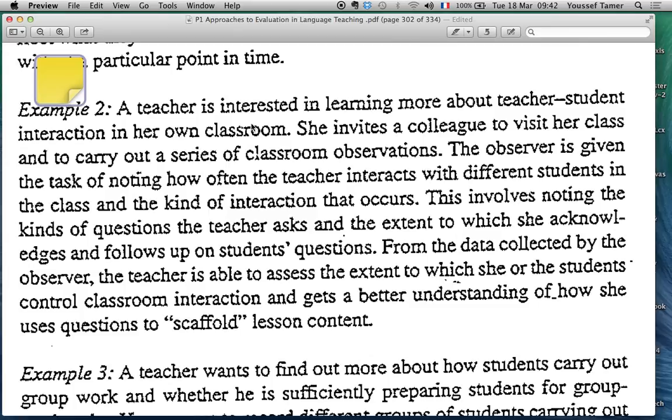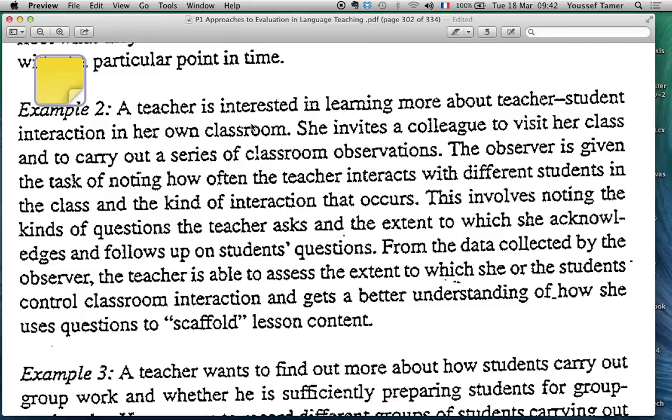Sometimes when teachers teach, they are not aware of certain interaction patterns, because they are engaged in the teaching process. But if there's an observer, then from the observer's perspective, the observer can notice those different patterns.